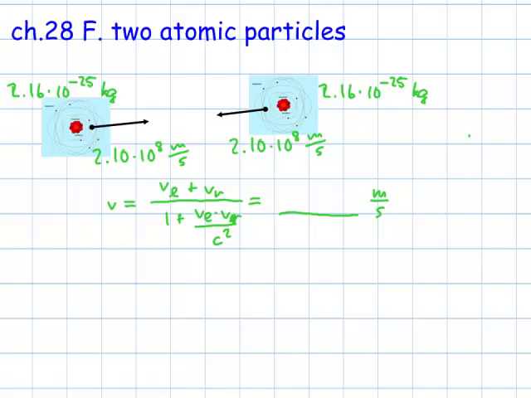Okay, then for the momentum, I plug in those numbers: m times v, where m is the rest mass and v is the number we just calculated, divided by the square root of 1 minus v squared divided by c squared.